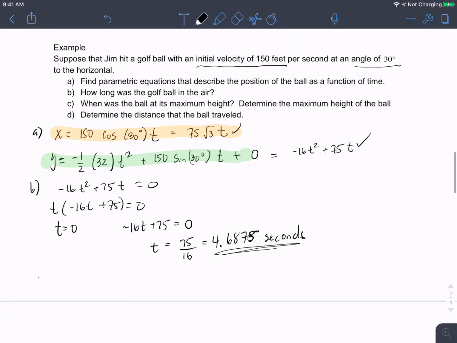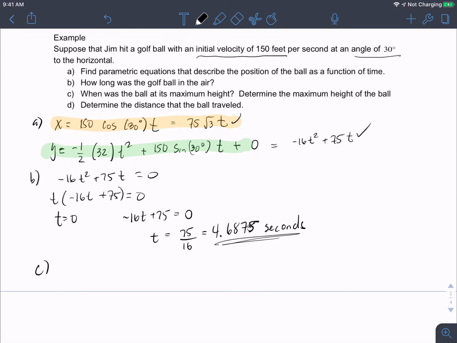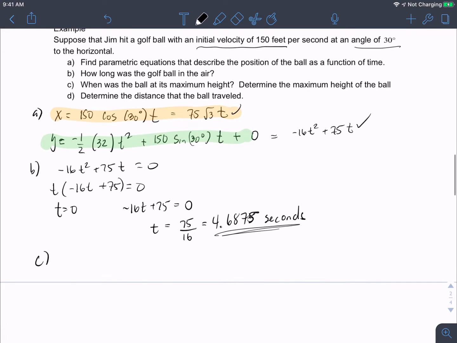For part C, we're going to get max height. And so to find the max height, that's going to occur at the vertex of that y equation. So max height is at the vertex, right? Because a golf ball is going to travel like this.